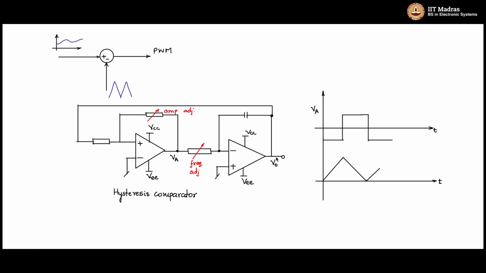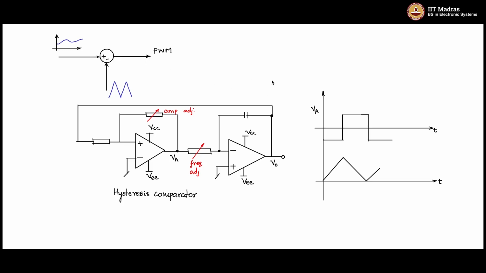Now let us continue and complete this part. We shall include a comparator to do the job of comparison between the modulating signal and the high frequency triangular carrier, so that we get a pulse width modulated waveform.